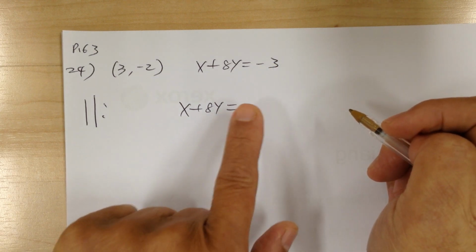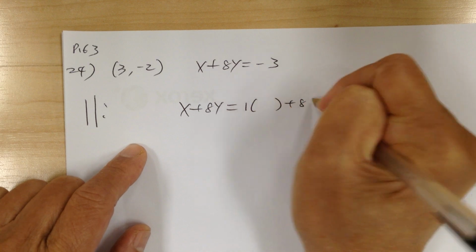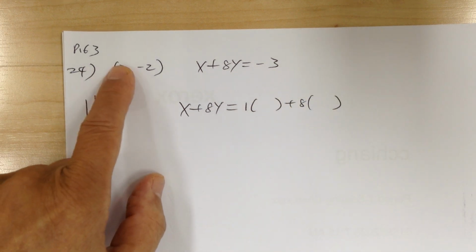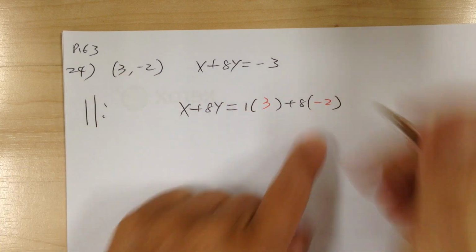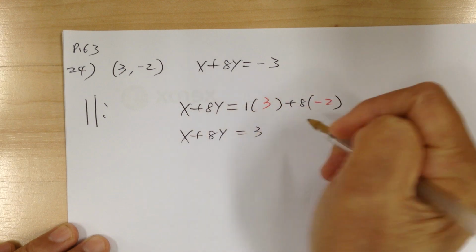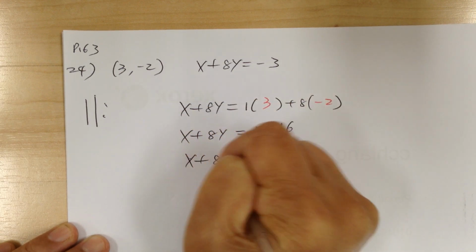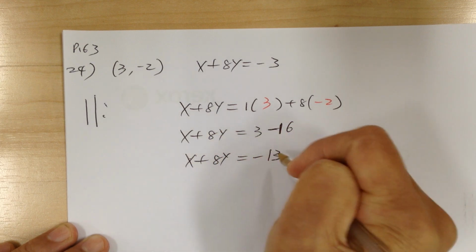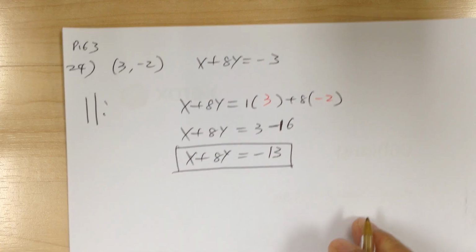To figure out this something, since this is going to go through this point, you need 1 times something plus 8 times something, and this point has to be in here. So you're going to have x plus 8y equal to 3 minus 16. So you got x plus 8y equal to negative 13. Okay, and that's it. So that's your standard form.